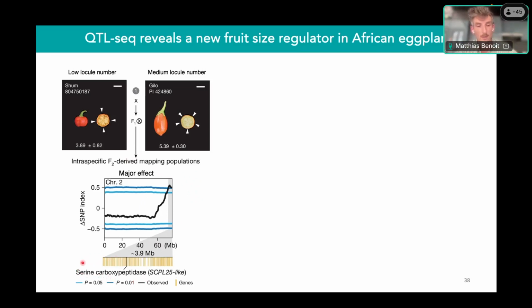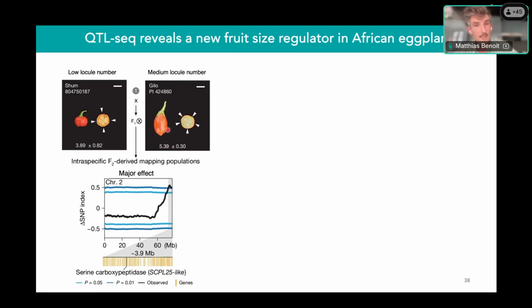So in the medium locule number accession, there is actually a small deletion in the coding sequence of the gene that generates an early stop codon, ending up producing a truncated protein. And this loss of function of the serine carboxypeptidase actually increases the fruit size in the medium locule number accession by a few locules.